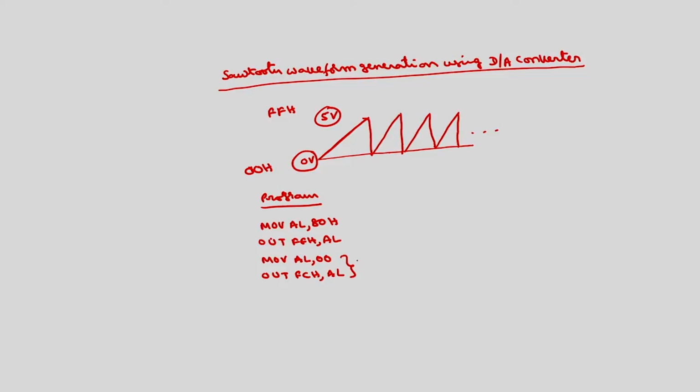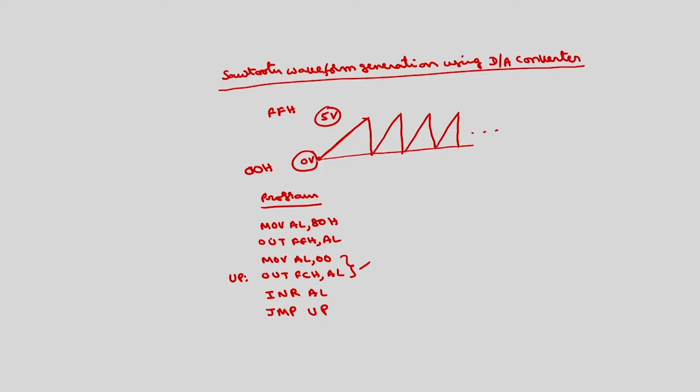So with these 2 points, 0 volts, this starting point will be generated here. Now what I will do is I will just increment the AL and I will write the unconditional jump to up. There is no delay here, up is here itself.